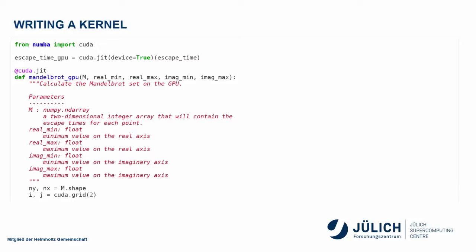So rather than using JIT, I now use CUDA.jit as my JIT compiler. Otherwise, this is a regular function, takes several arguments. I can write regular Python. I can get the shape. Here, I assign i and j to the grid to get my position in my Mandelbrot set.